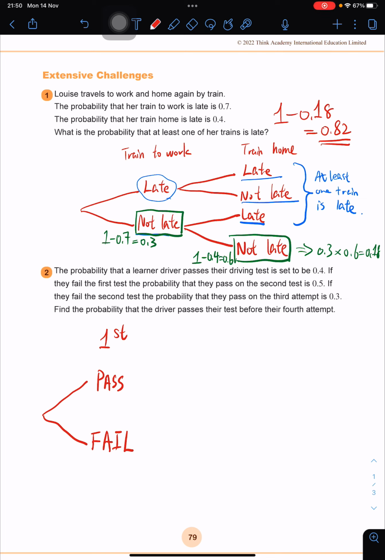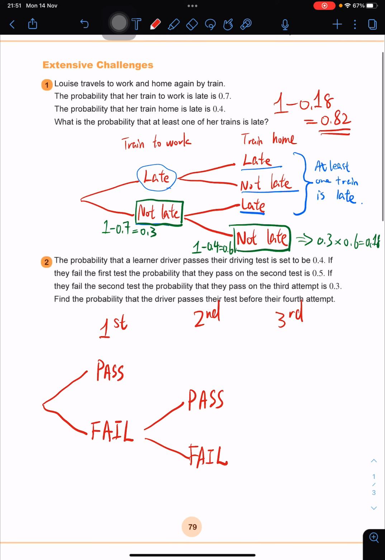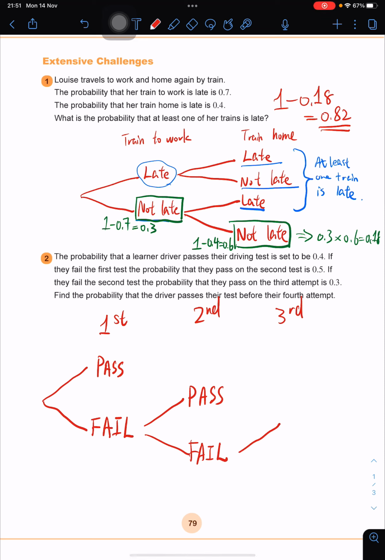It is only when we fail that we move on to the second, with pass and fail for the second test. And for the third test, it goes the same. If I pass, I don't need to move on. When I fail, there will be pass and fail for the third test.